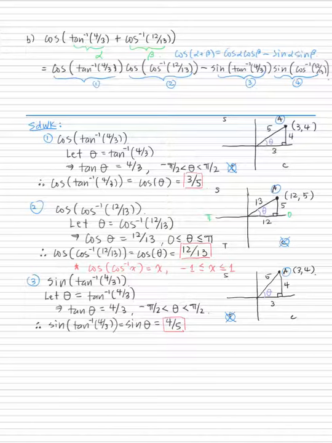All right, circle 4 is sine of cosine inverse of 12 over 13.